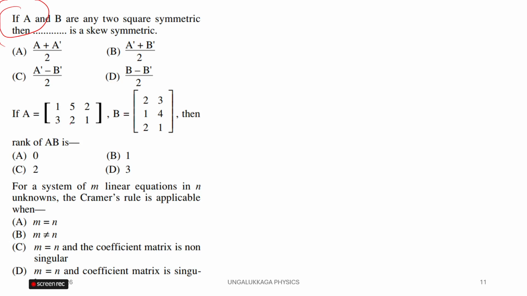Now, if A is a matrix and here we have B as another matrix, you just multiply. So you will have 1 into 2 is 2, 5 into 1 is 5, and 2 into 2 is 4.